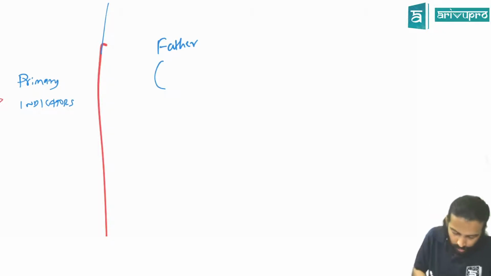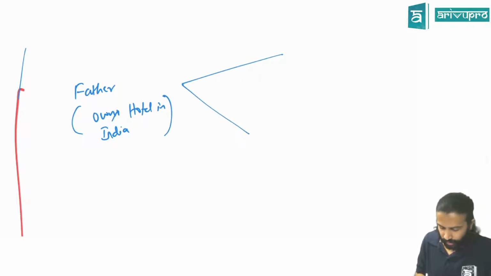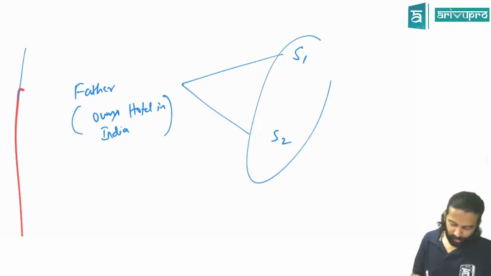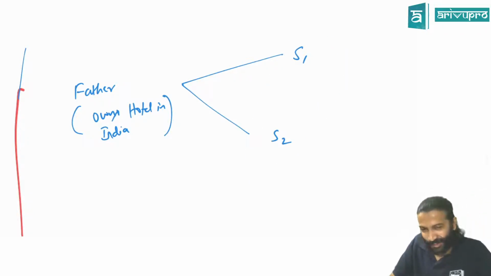He owns a restaurant in India, a hotel in India. Let's say a South Indian hotel he owns. This father has two sons, S1 and S2. One is a CA, one is an MBA. Both of them completed their course or dropped out, we don't know. Something happened.